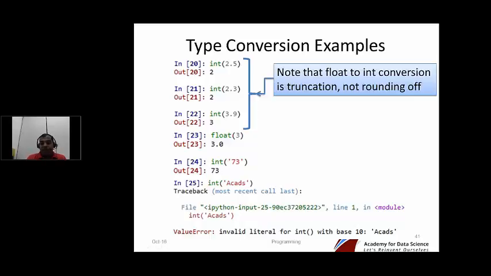So it is trying to interpret the string accads as a base 10 number, or the decimal number, but it cannot find a suitable value for it. So it gives us what is called an exception in Python that we will cover later. As of now, we can think of it as there is an error in this program and Python has given us the message. Okay. So any questions up to this point?